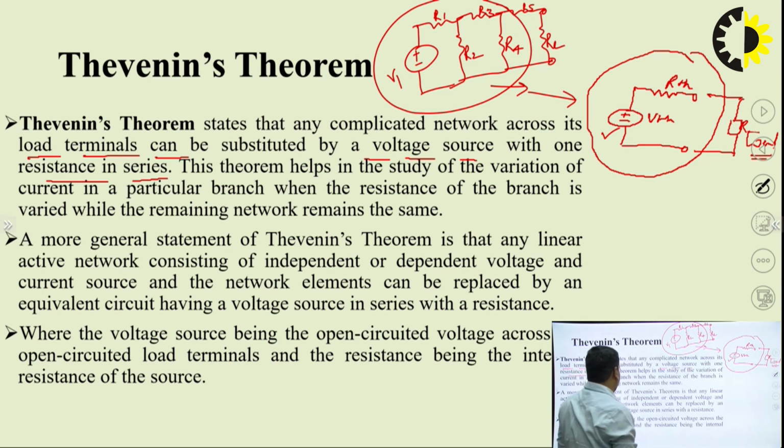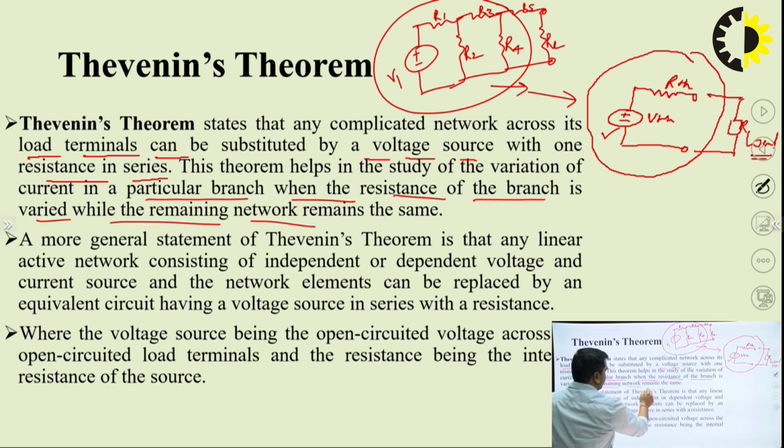This theorem helps in the study of the variation of current in a particular load branch when the resistance of the branch is varied, while the remaining network remains the same. If the remaining source network is the same, we can vary the load resistance and, with the help of Thevenin's theorem, easily calculate the current for the various load resistances.